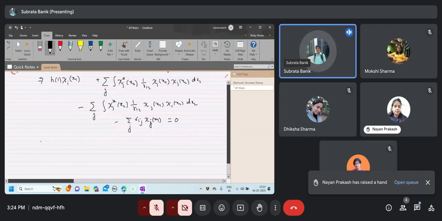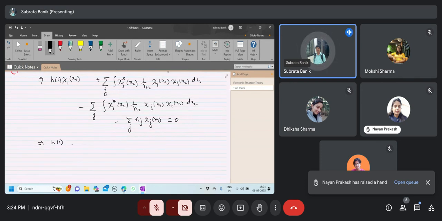I'll write this as H1, an operator, plus sum over J integration of chi J star x2 1 upon R1 2 chi J of x2 chi I of x1 dx.